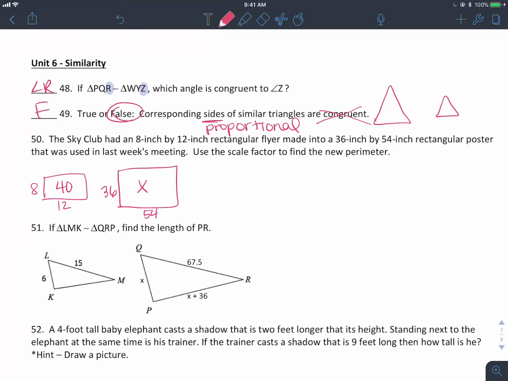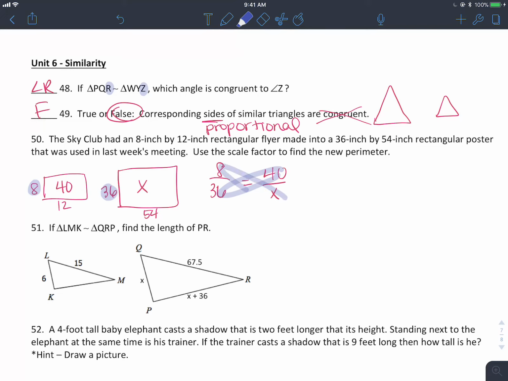We can take either side of our rectangle, and then we're just going to create a scale factor. I'm going to use 8 and 36, so I'm going to do 8 over 36, small over big, left over right. And then we're going to do our small perimeter over our big perimeter. You can simplify that fraction on the left right away, or you can just cross multiply and divide.